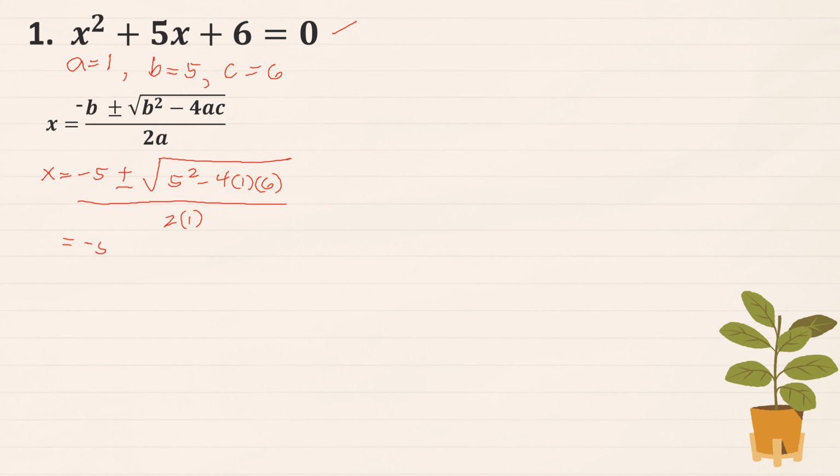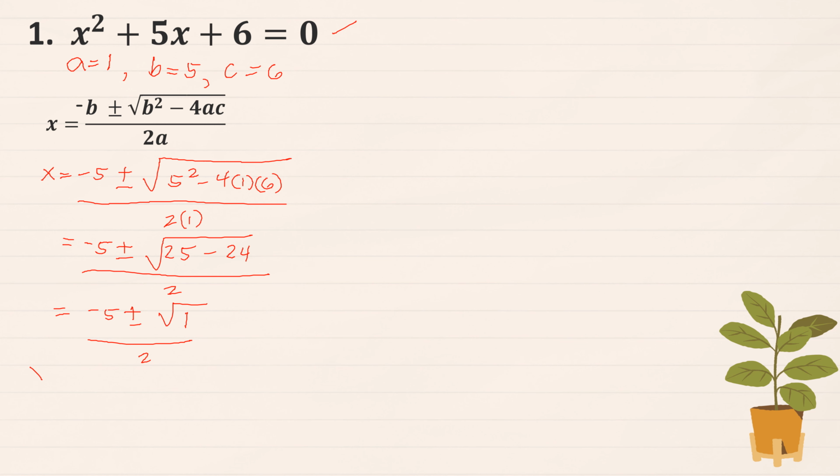This will be negative 5 plus or minus: 5 squared is 25, 4 times 1 times 6 is equal to 24, all over 2 because 2 times 1 is 2. So negative 5 plus or minus, 25 minus 24 gives us the square root of 1, over 2.